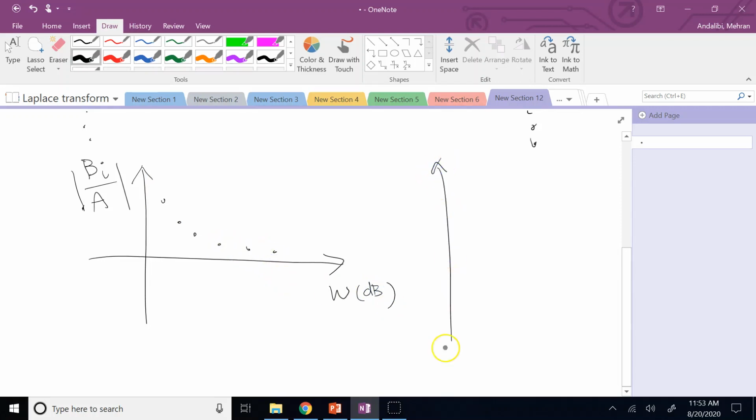The other plot that you do is the phase, phi i's versus omega. And actually this one is in decibel, not the other one. This is in radians per second.